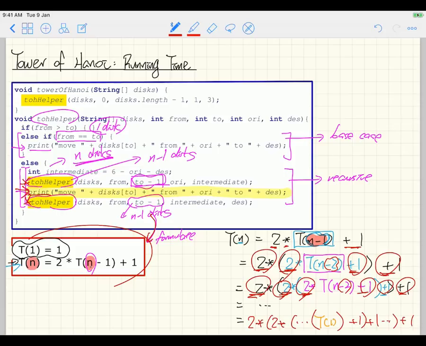So now, T1 is as if we say n minus 1. Don't you agree? Okay, that means we should get exactly how many times 2? n minus 1 times. And also, how many 1s do we have? Also, n minus 1. So eventually, what we will get is 2 to the power of n minus 1 plus n minus 1.